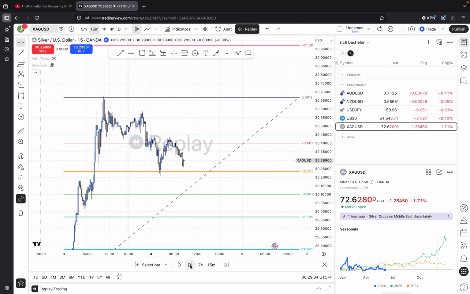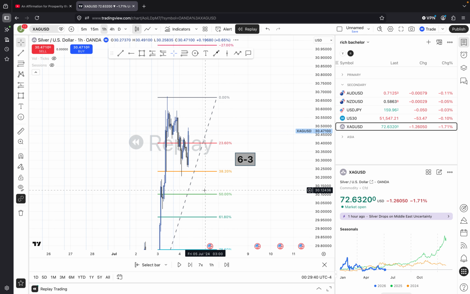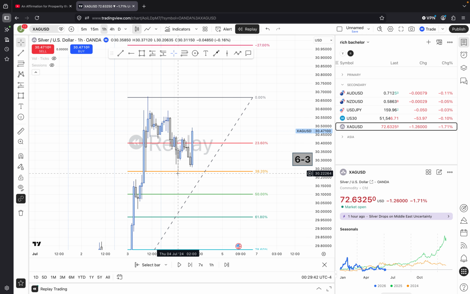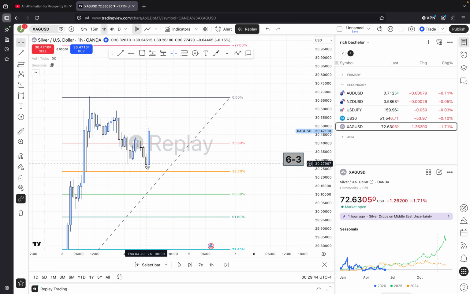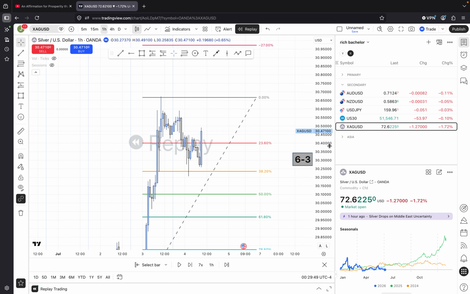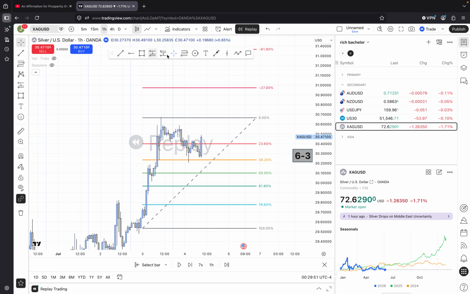Nope. We got a deeper correction. All right. So don't let this fool you right here. This is the higher low. This is why I also do what I do sometimes when it comes to marking my path.